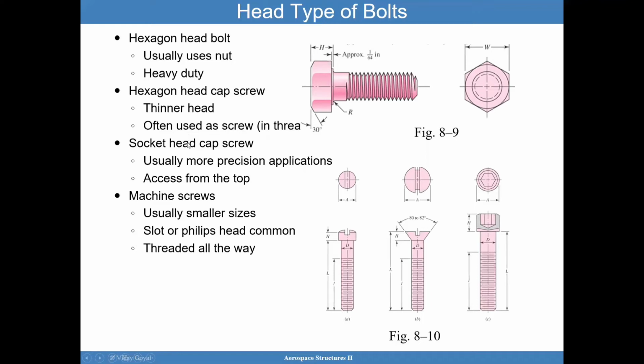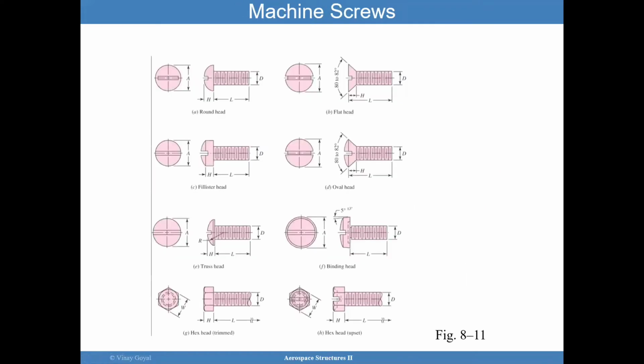You also have socket head cap screw, usually used more for precision applications, and it allows you access from the top. Machine screws are usually smaller in size and are threaded all the way. Anyway, I wanted to provide some insights into the kinds of machine screws you could have, such as round head, Phillips head, truss head, and so forth. So there's many kinds.